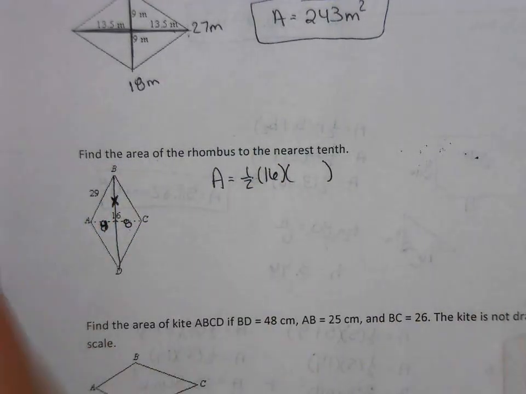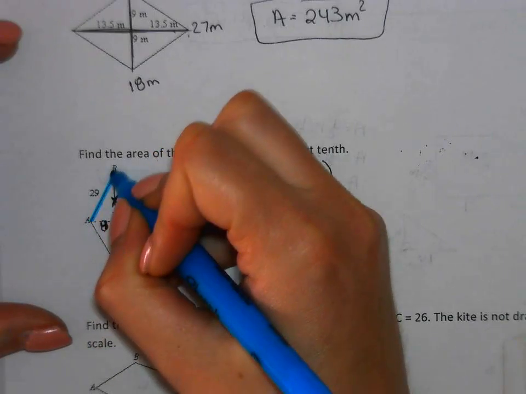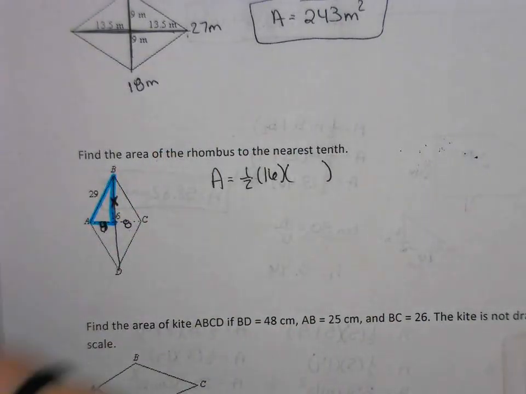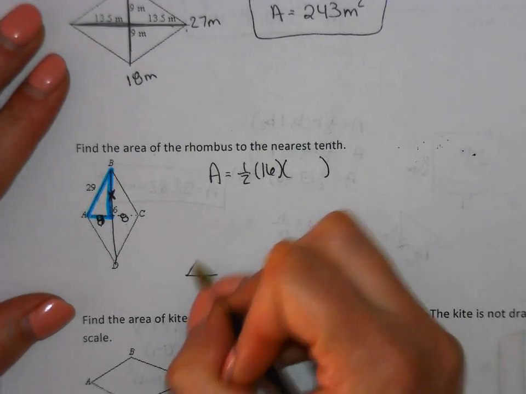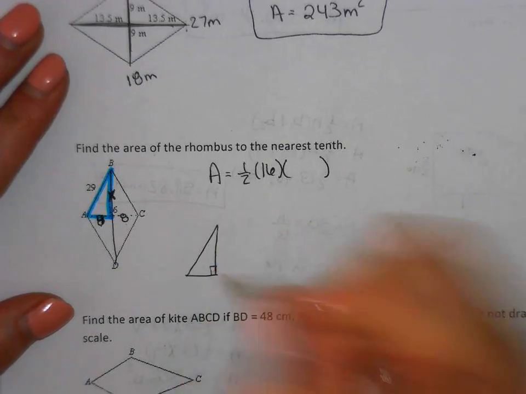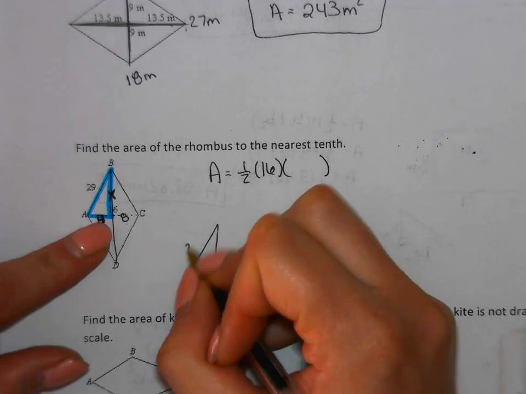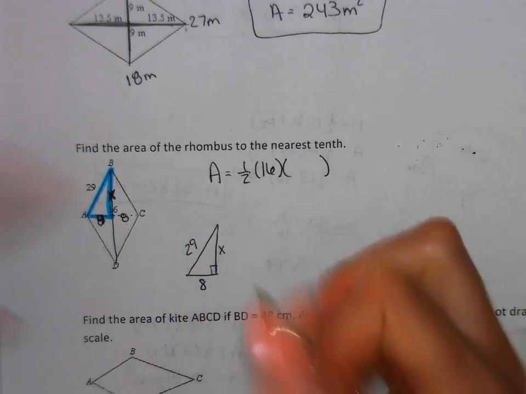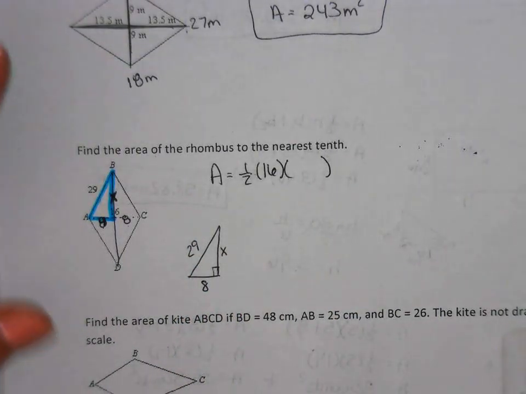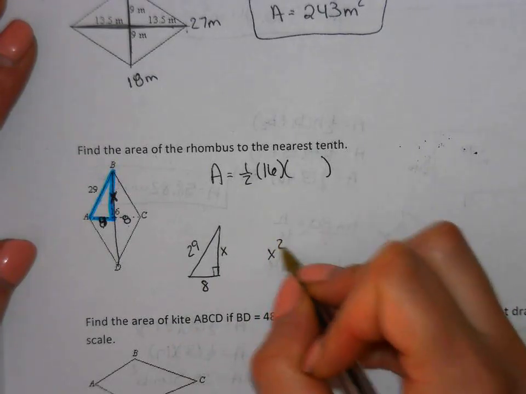So if we take a look at this triangle that's created, and redraw it out here, this is a 90-degree angle. We know from A to the intersection was 8, we know the hypotenuse is 29, but we don't know that missing third length. So we can use our Pythagorean theorem to solve this.